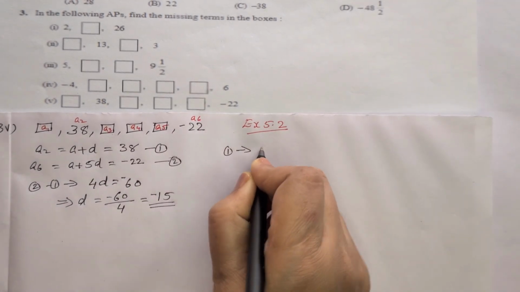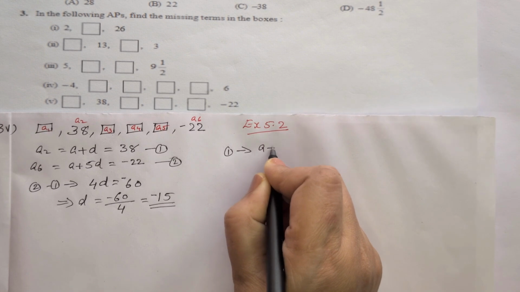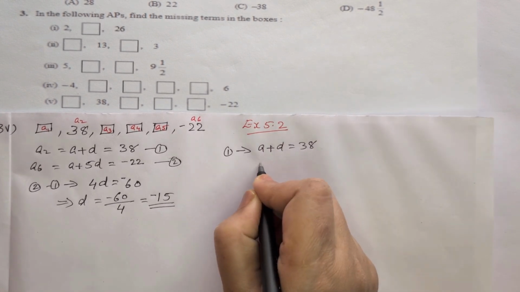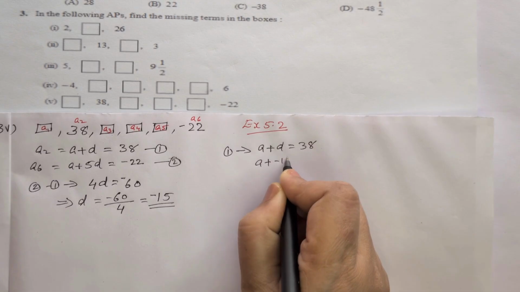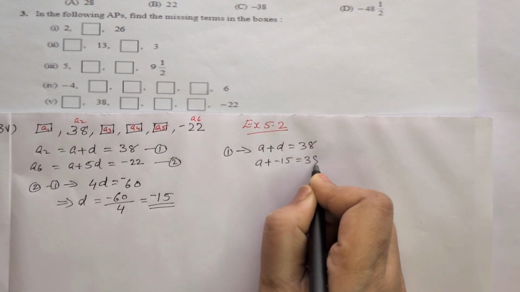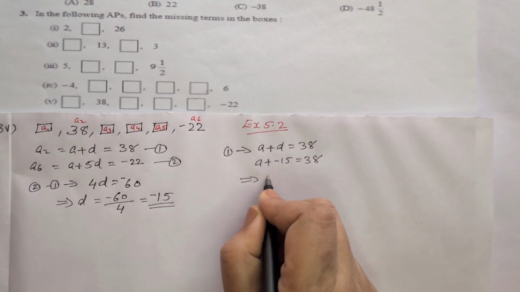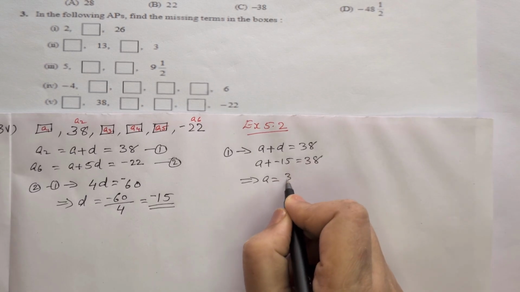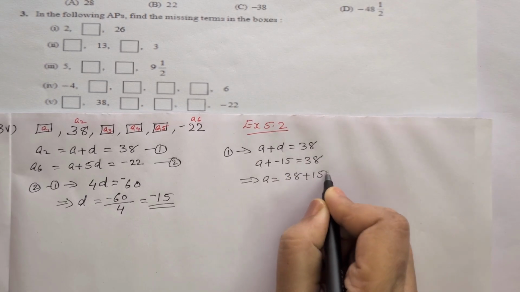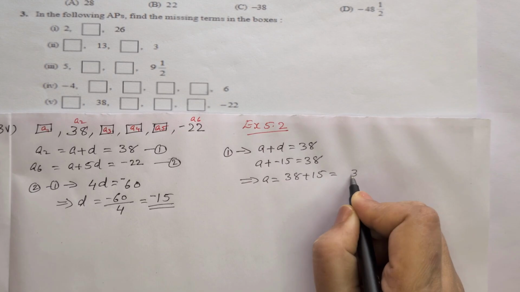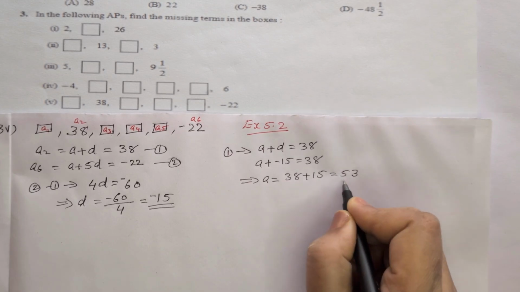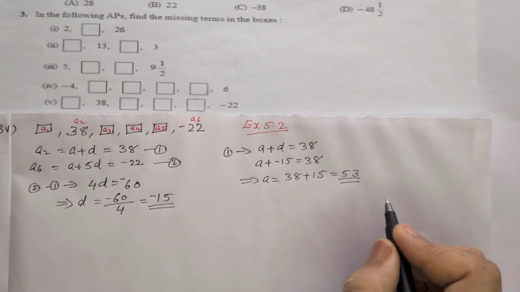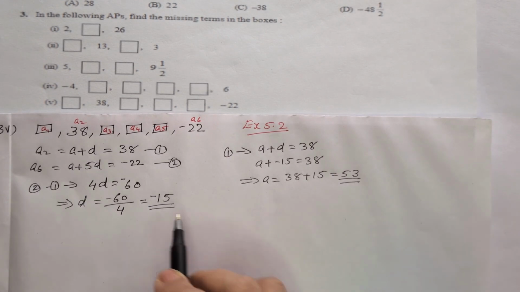Equation 1 gives A plus D is equal to 38. That means A plus minus 15 is equal to 38, which implies A is equal to 38 plus 15, 53. So now we got A is equal to 53 and D is equal to minus 15.